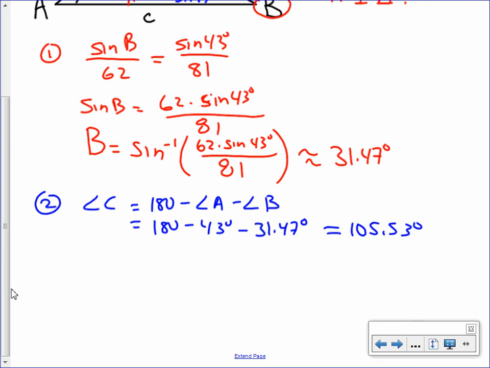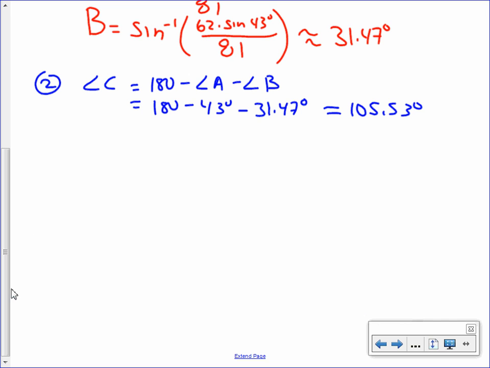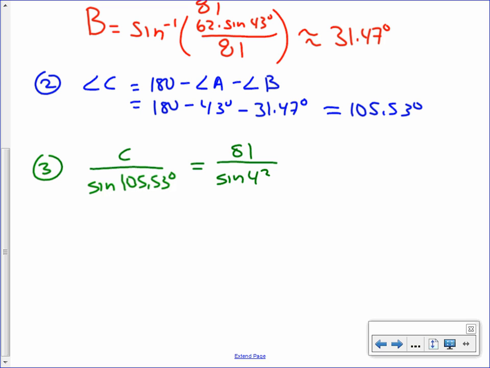So the last thing we need to find is side c. Again, I like to put the missing thing on top, so since we're looking for c, I put sine C at the bottom, which is 105.53. And I'm going to go ahead and use the given side again. So 81 over sine A, which is 43. Do your magic.